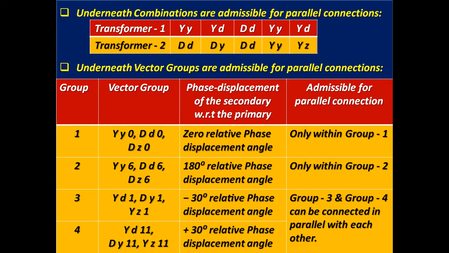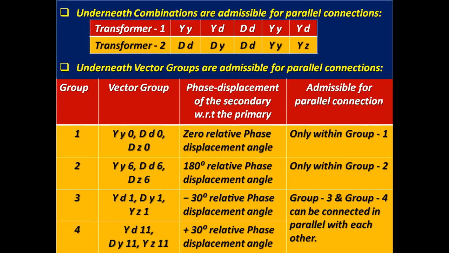Underneath vector groups are admissible for parallel connections. Group 1, vector group star star 0, delta delta 0, delta Z 0.